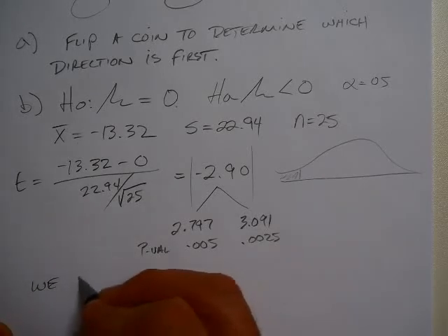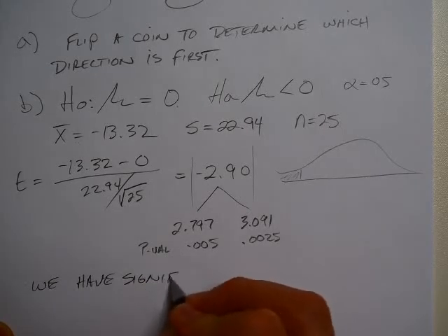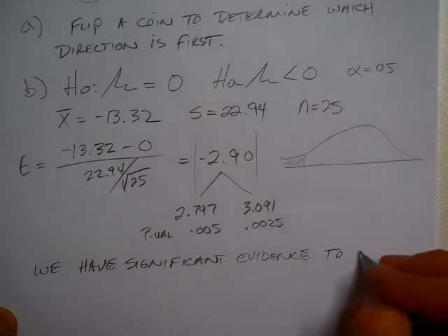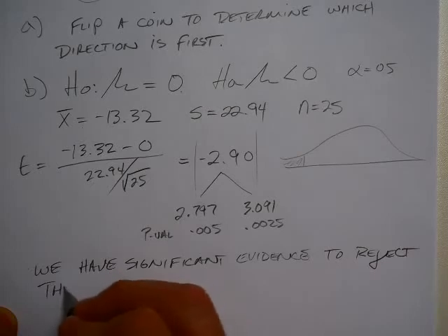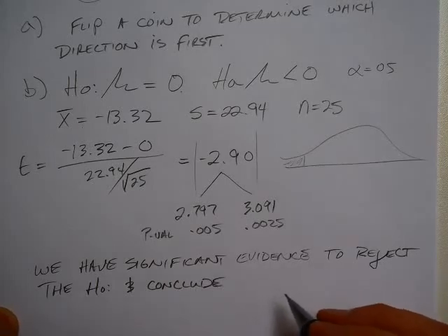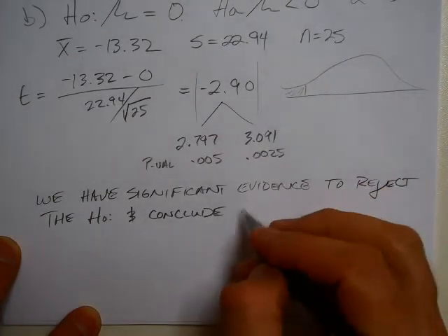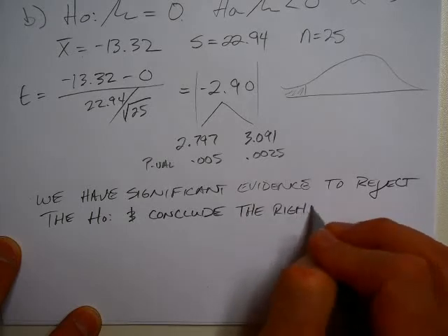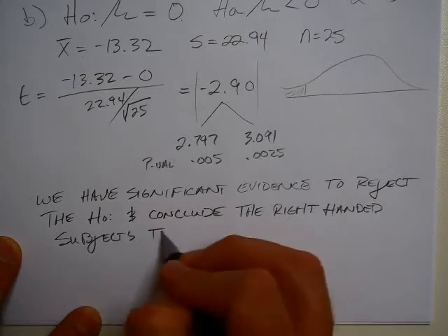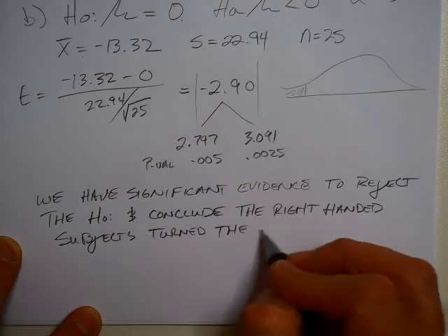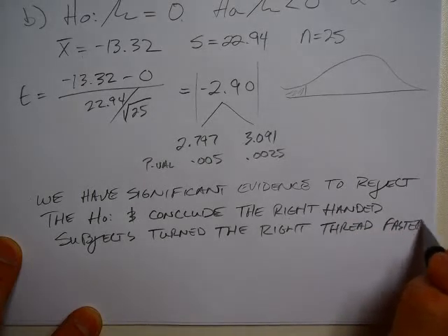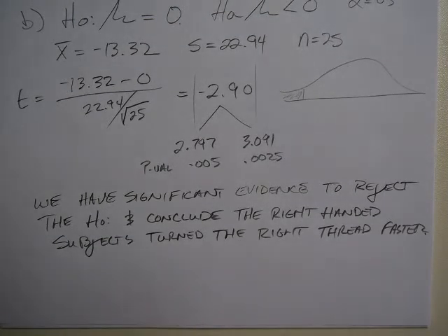So we have significant evidence to reject the null and conclude the right-handed subjects turned the right thread faster. Okay. Let's see, does that answer?